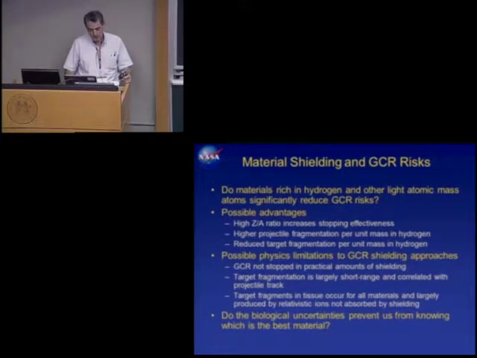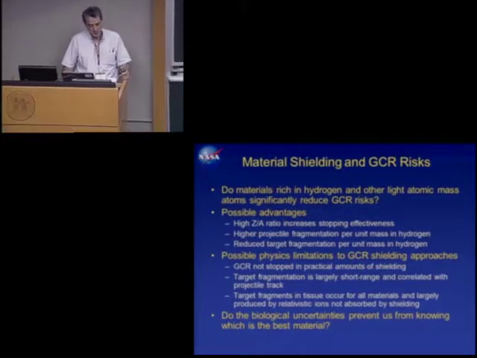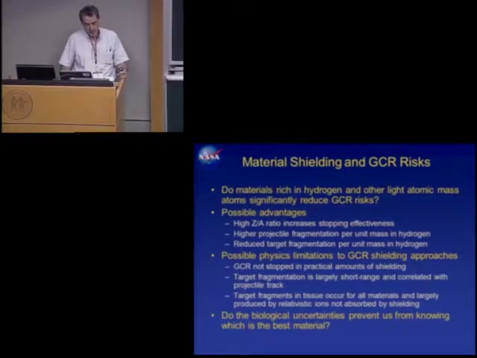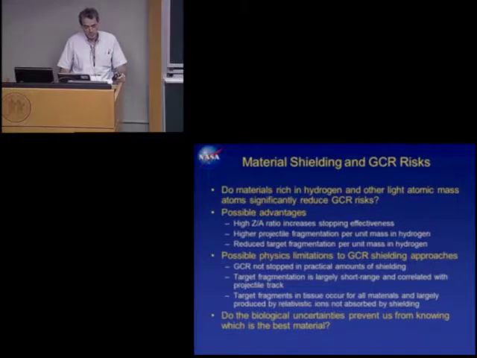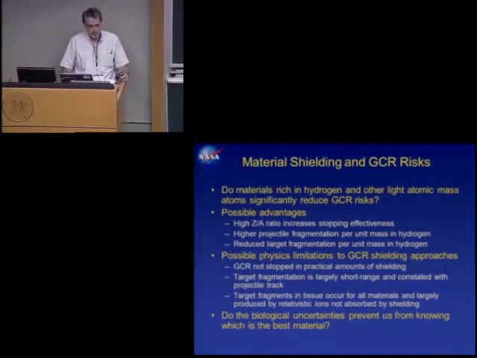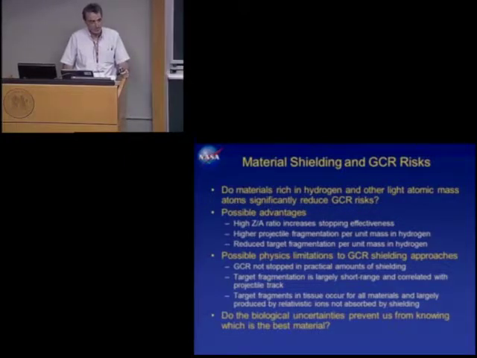Okay, so for the shielding material, from the stopping power formula, we realize that the Z over A ratio is the key thing, and then also the density of the material. Hydrogen has Z equals 1 and A equals 1, so it's 1. If you go to aluminum, it's 13 over 27, so you're down a little bit less than 0.5. Most other materials are going to be around 0.4 to 0.5, so hydrogen wins.